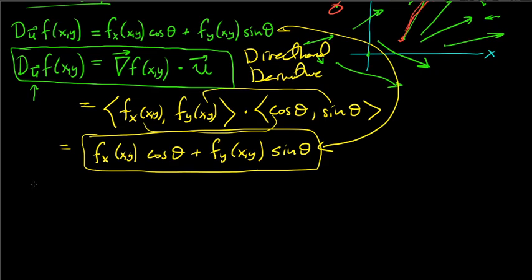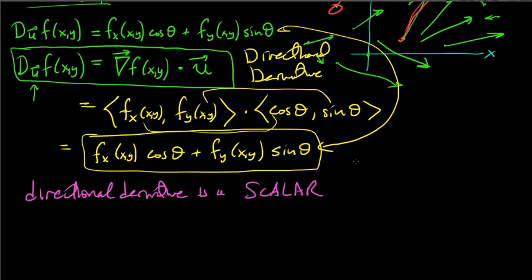Okay, so just to be clear, the directional derivative is a scalar. It is a number, not a vector. It's the slope of the tangent line. Remember, a slope, rise over run, is a number. There's no direction with it.